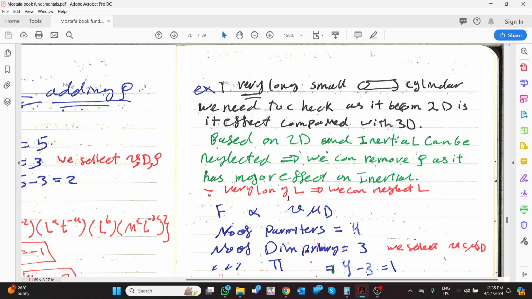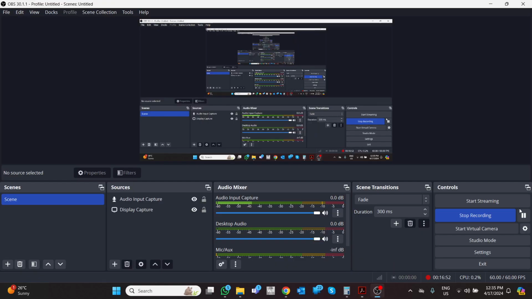If it is a very long L, we can neglect even L, which means L will never change in the length of that cylinder. So we can state that the force is a function of the velocity, viscosity and the diameter.